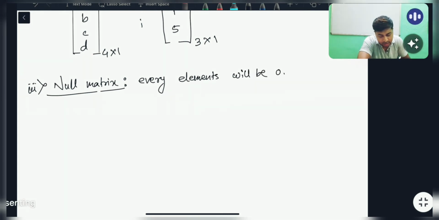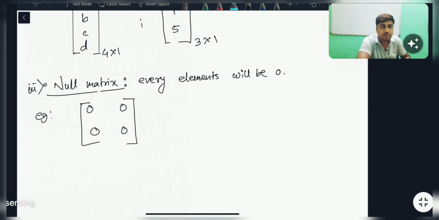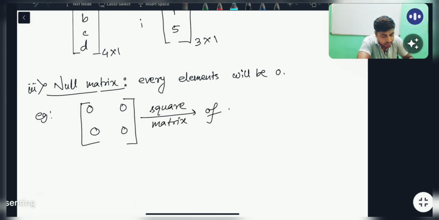So null matrix means, for example, like that, 0, 0, 0, 0. It is a square matrix. What is the order of this square matrix? 2 into 2, that means 2 rows and 2 columns are there. So 2 into 2 is a square null matrix.